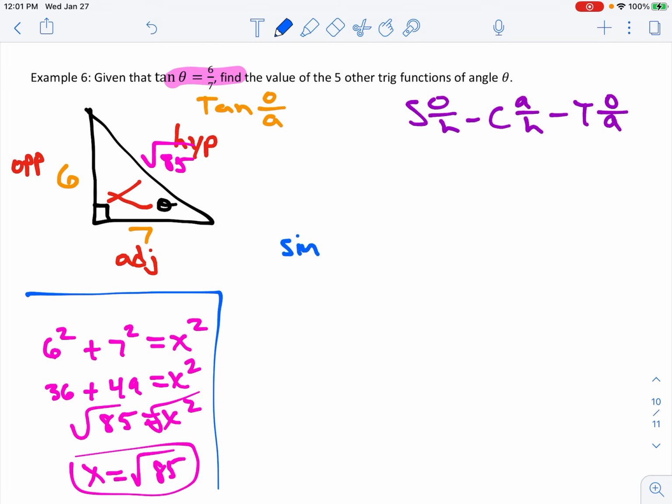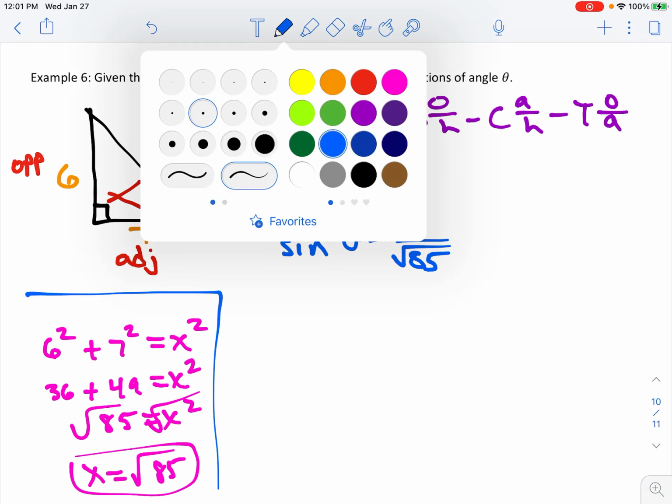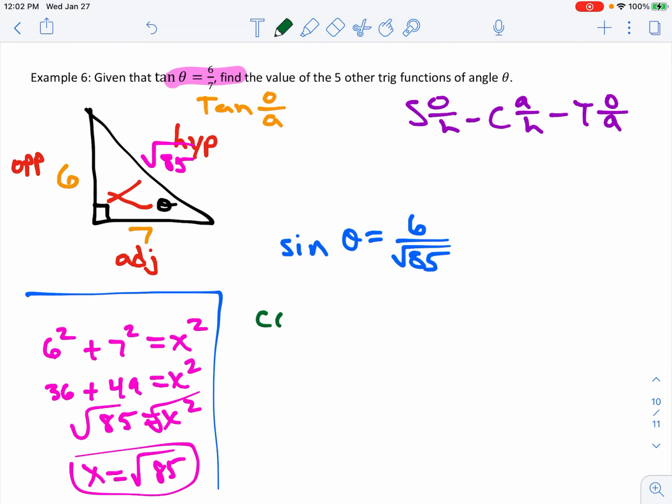Sine of theta is opposite over hypotenuse. So opposite had a 6, hypotenuse had square root of 85. For cosine, I want adjacent first, so 7, and then hypotenuse second, so square root of 85 on the bottom. Third, I want the tangent. Tangent says opposite over adjacent, so I need opposite first, adjacent second.